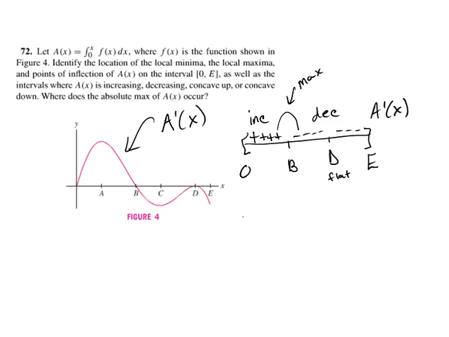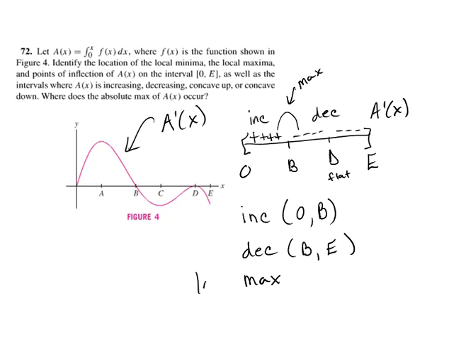Okay, so we can say now that A is increasing on the interval from 0 to b, it's decreasing on the interval from b to e, and then we have a local max at b.